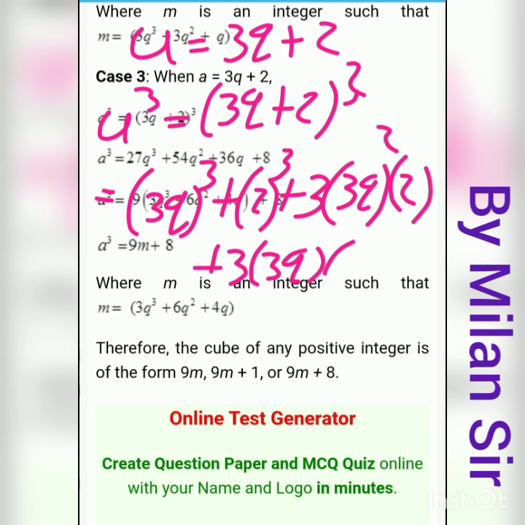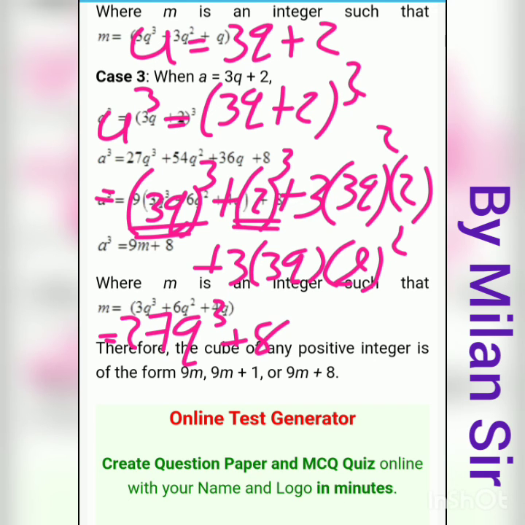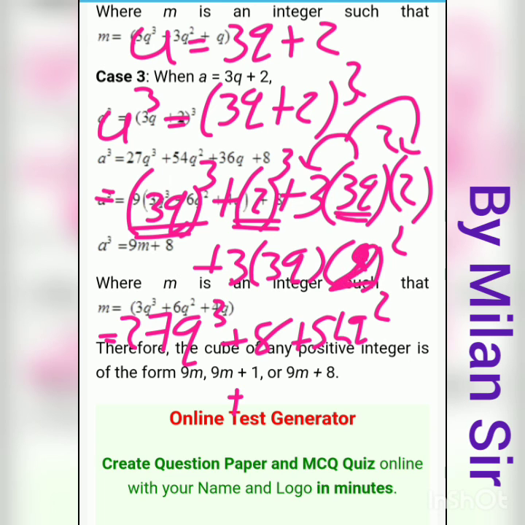So a is 3q and b is 2. Now here (3q) cube, 3 cube is 27 and q cube is q cube only. So 27q cube, here 2 cube is 8. Now here square, so 3 square 9, 9 3s are 27 into 2 is 54, and q square is q square only. And last here we have 2, right? So 2 square 4, 4 3s are 12, 12 3s are 36, and 1 cube, so 36q.